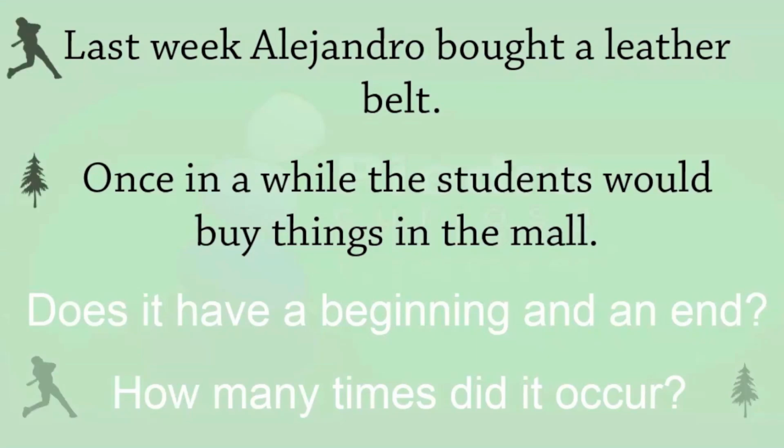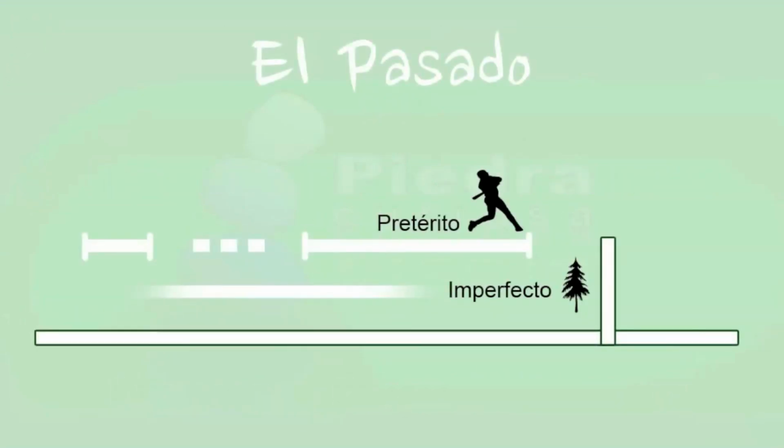Let's review what we learned today. We learned that preterite verbs are complete actions or things that occur over a finite, definable period of time. We also learned that imperfect verbs are ongoing or habitual descriptions that continue over an ambiguous or undefinable period of time.